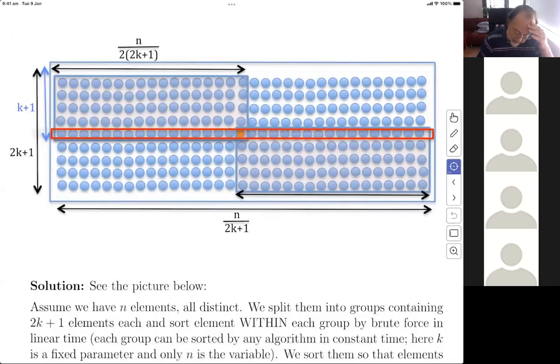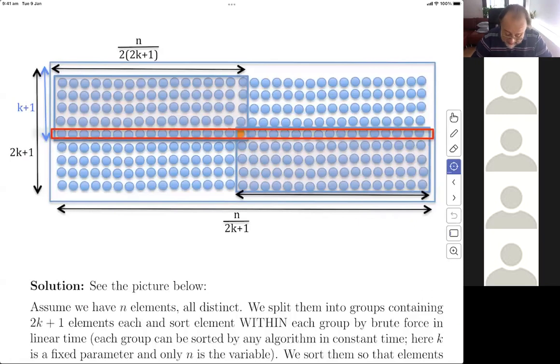how we do that. And here, I prepared a nice picture for you. So all the elements are grouped into groups that have 2k plus 1 many elements, right?